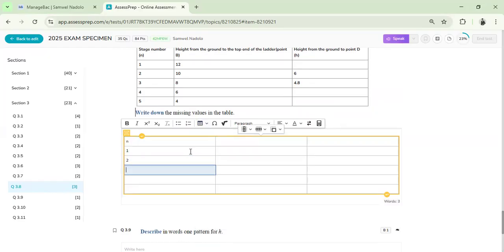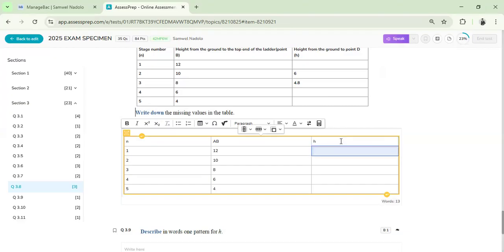can follow through 1, 2, 3, 4, 5, and then let's say this is the distance AB, because it is the one starting from 12, then 10, then 8, then 6, then 4. And then this is the height h, small h.